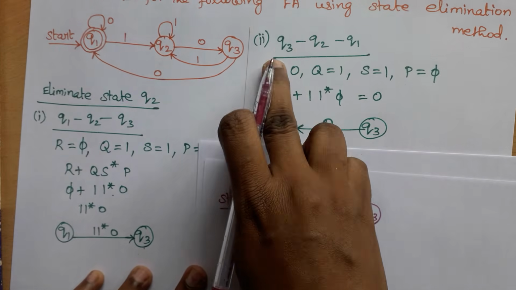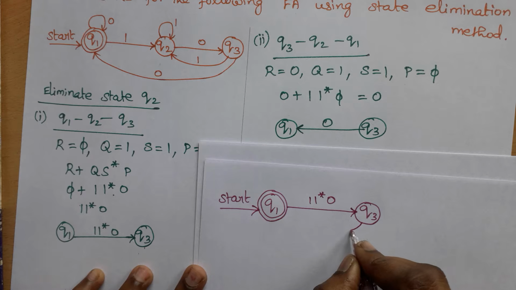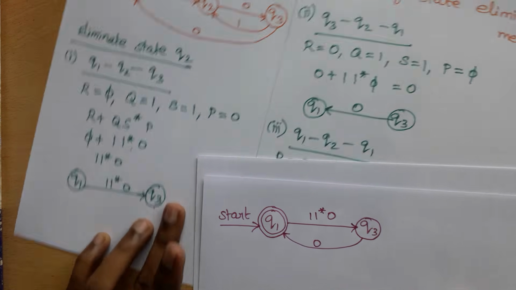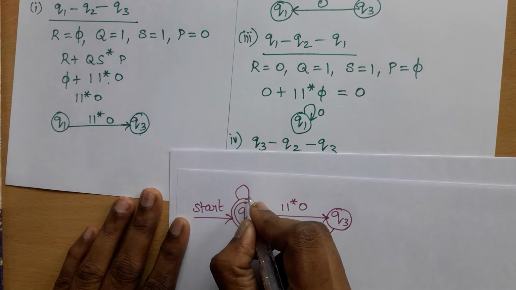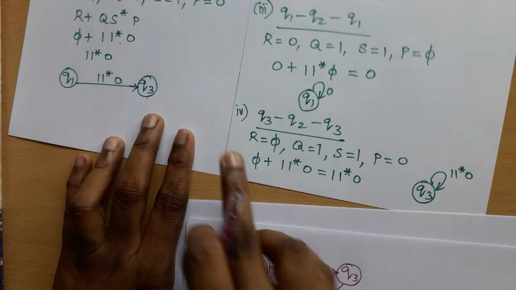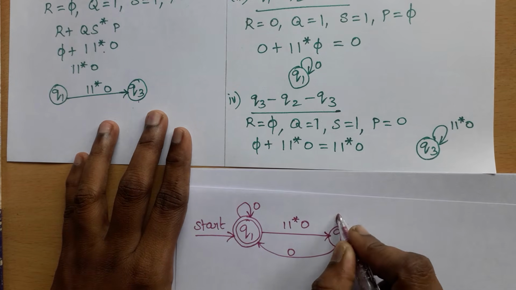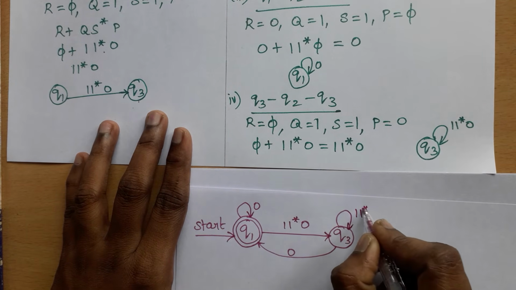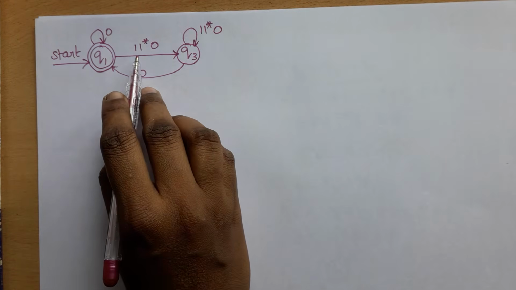Then as per the second case, Q3 to Q1 is 0. Then the third case, Q1 to Q1 is 0. Then the final one is Q3 to Q3, 1 1 star 0. So now we have eliminated Q2.